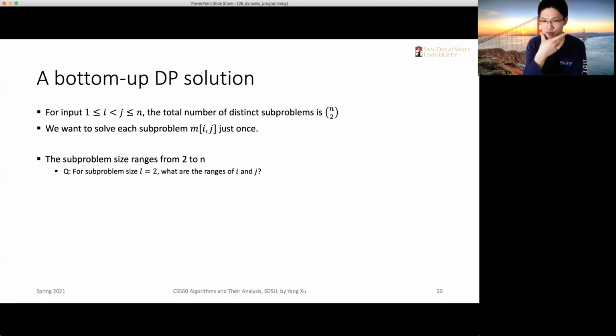To answer that, we're not talking about how many subproblems are within a subproblem of size 2. For example, in the chain A1 times A2 through A10, how many subproblems are of size 2?